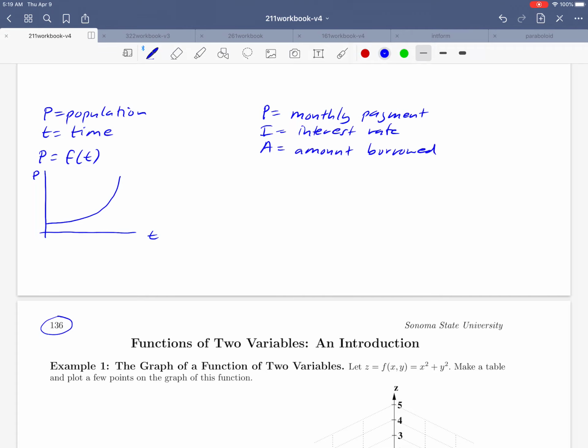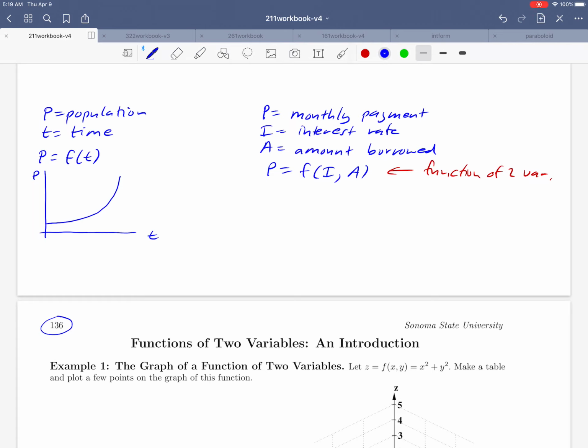So in this case, your monthly payment is a function of both the interest rate and the amount borrowed, and what we have here is what's known as a function of two variables. Okay, the two variables are the input variables, interest rate and amount.